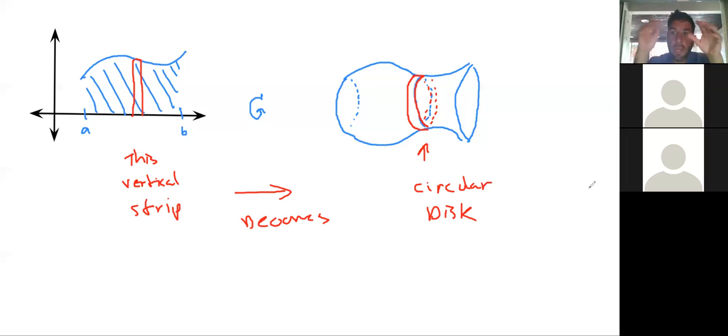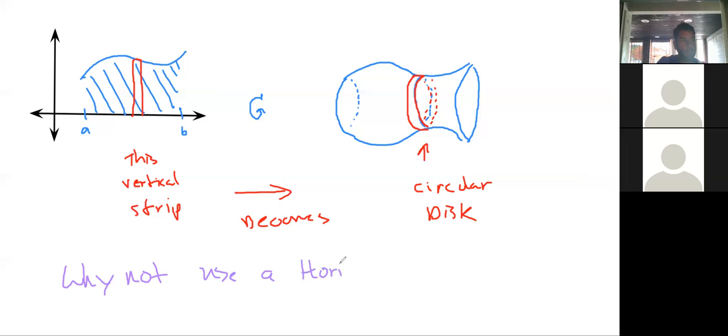So the question you might ask is, what happens if we took a different strip? Instead of slicing it vertically, what if we took horizontal slices? You might ask yourself, why not use a horizontal slice?